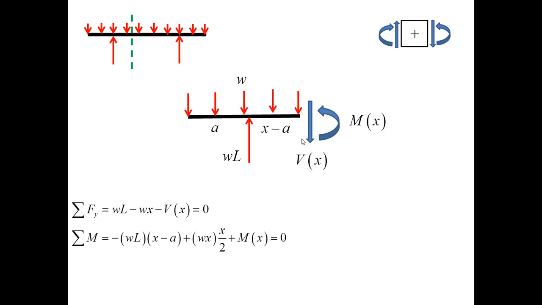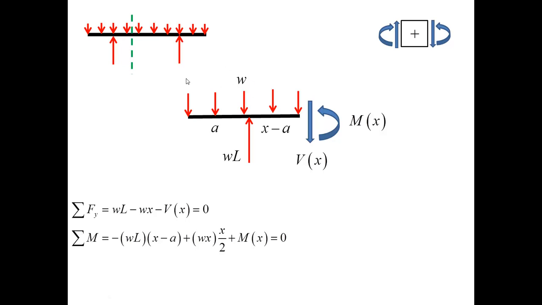The equilibrium equations follow from this free body diagram, and let's walk slowly through the last equation because it's perhaps the most complicated one. The force WL generates a negative moment because it is clockwise about the cut point, and the arm of this force is X minus A. The distributed load has the resultant W times X. This resultant produces a positive counterclockwise moment.